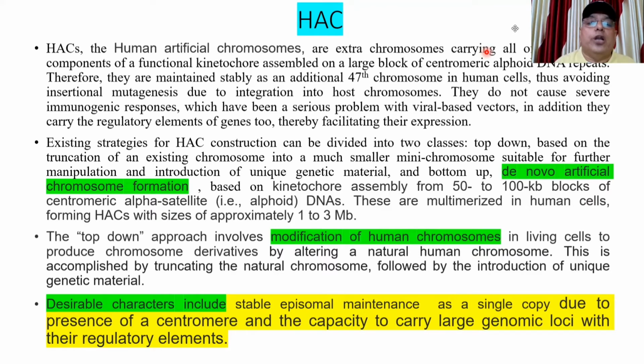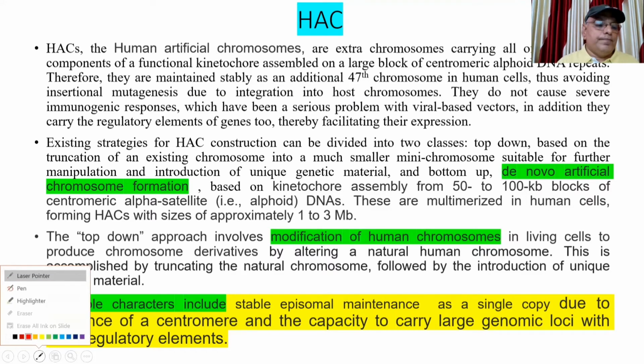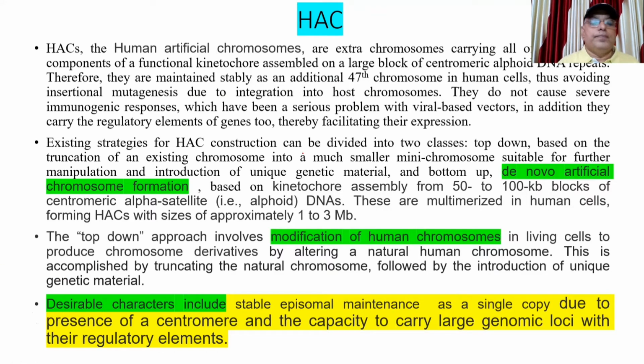It will replicate itself, segregate itself, and while the cell divides, it will be transferred to the two daughter cells too. So stability is maintained here. And not only that, due to this stability, they act as the 47th chromosome.